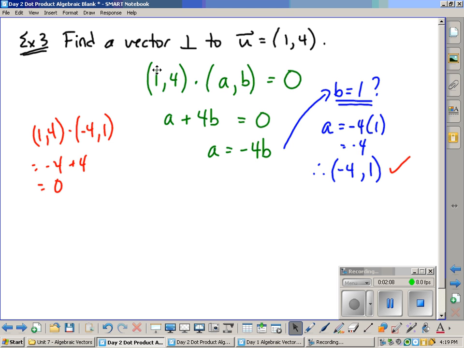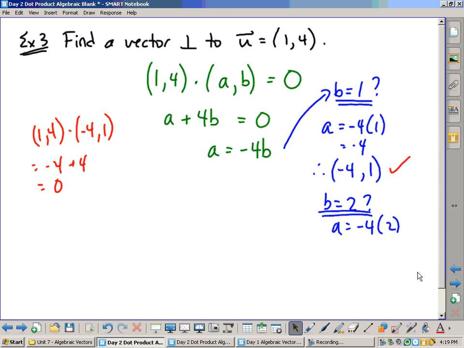But there's lots of ones, right? What about if b equaled 2? Well, then a equals negative 4 times 2. So that'd be negative 8.